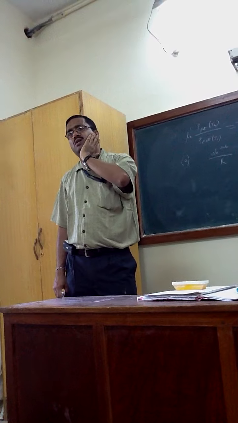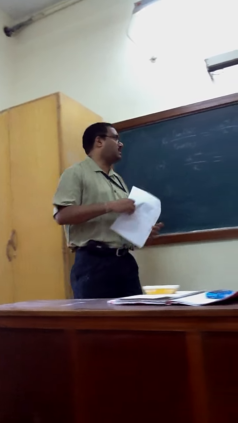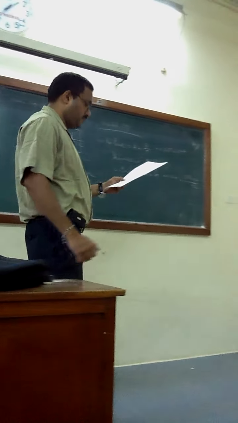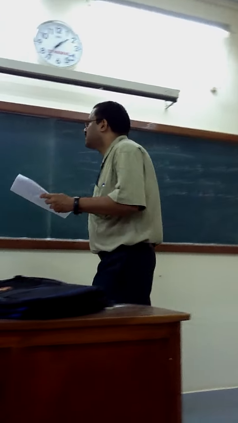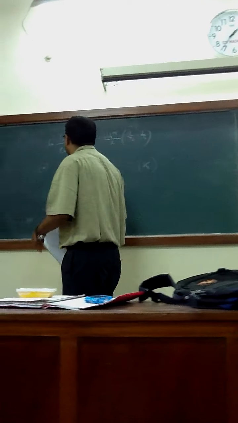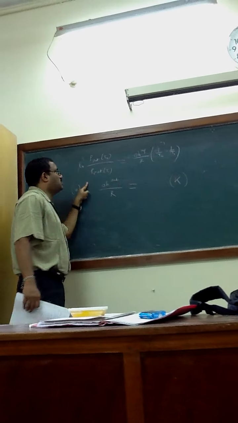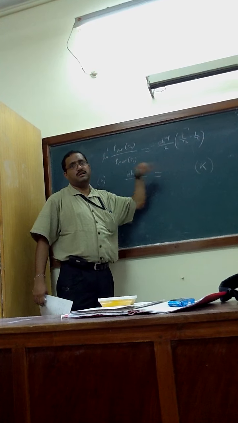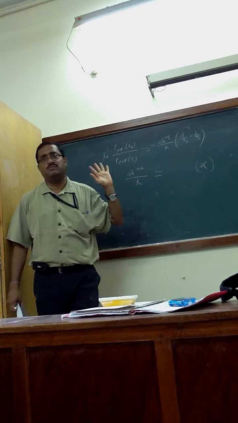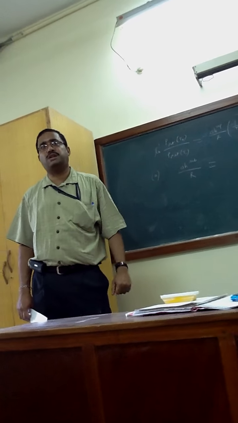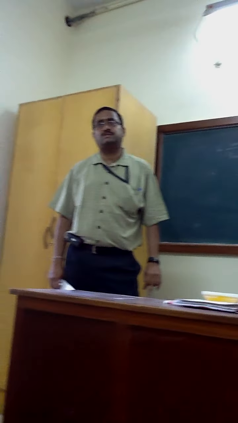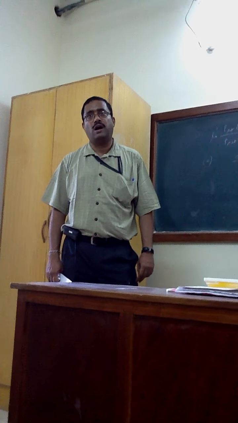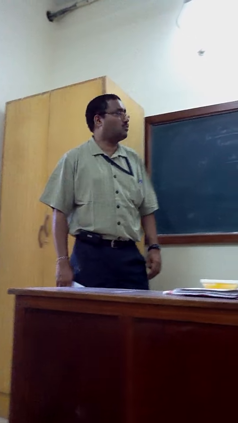K is the unit, temperature is the unit. Why? Because this will be cancelling the same unit. If you divide by 1 by T2 minus 1 by T1, 1 by Kelvin, it will go as Kelvin. That's the way I first do it before I start the problem. Because I told you that in BTech, I lost 10 marks and that was my turning point. After that, I never forget: if I solve a problem, I write the units. Okay, answer.